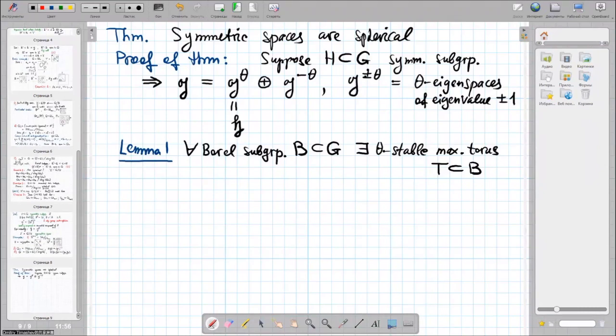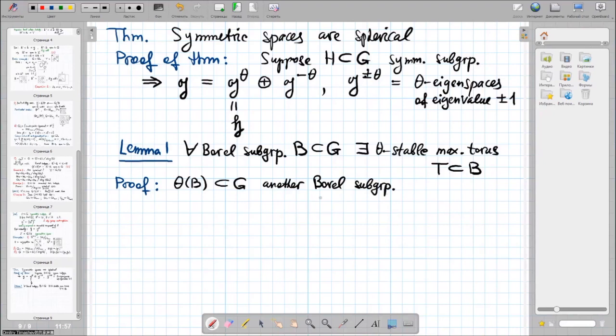Okay. So let me prove this lemma. We have this Borel subgroup B, and let us apply the automorphism theta to B. We get another Borel subgroup, theta of B. Consider the intersection of these two Borel subgroups.